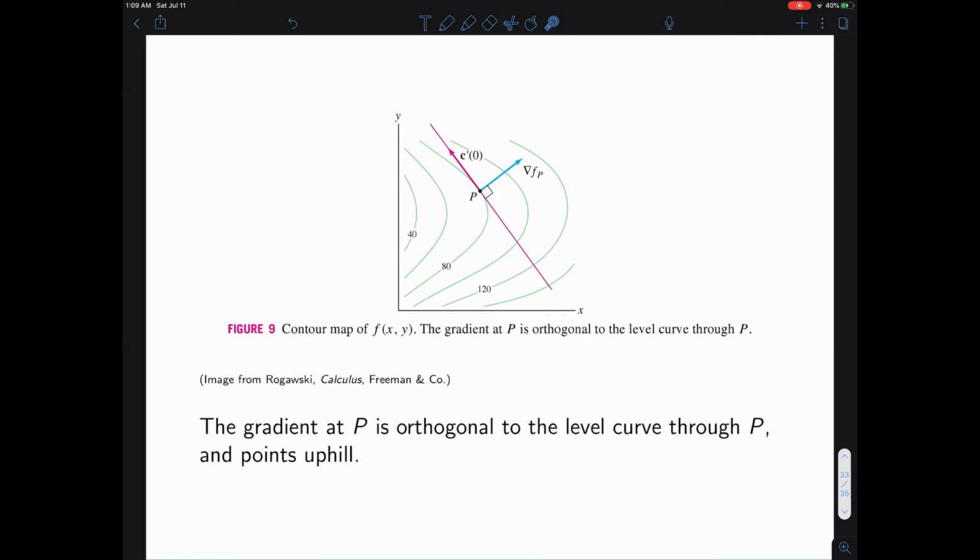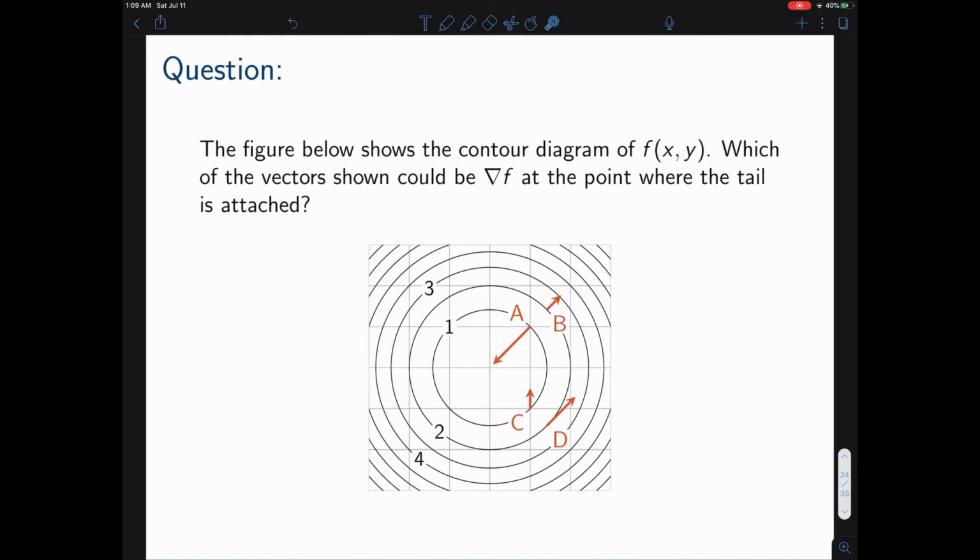One other piece of information we have is that, so this is the new information, being orthogonal to the level curve, and it's the same reason as for being orthogonal to the level surface. But the other piece of information that we actually had before is that the gradient points in the uphill or increasing direction. So based on that, here's a question for you.